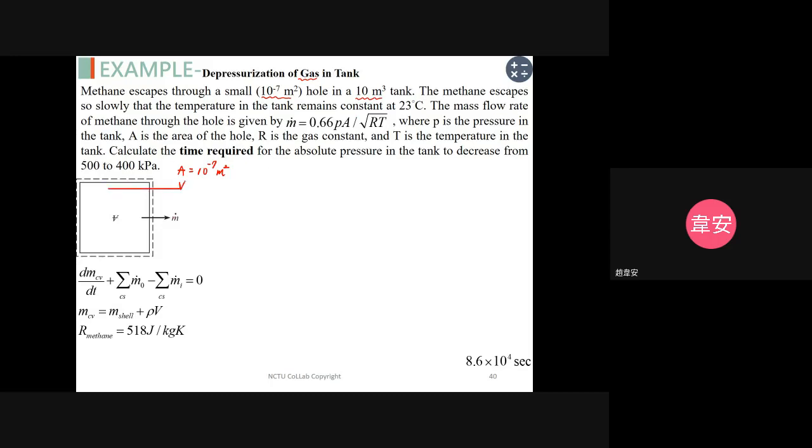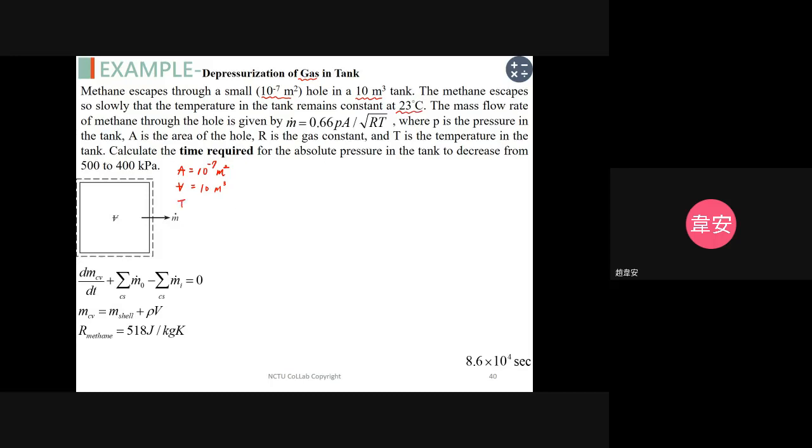So we know that the volume is 10 meters cubed. Okay, and the question tells you the gas escapes so slowly that the temperature in the tank remains constant at 23 degrees.